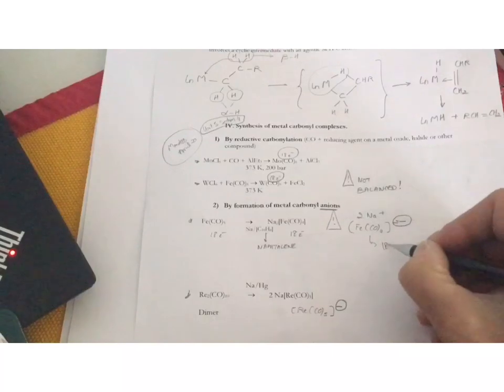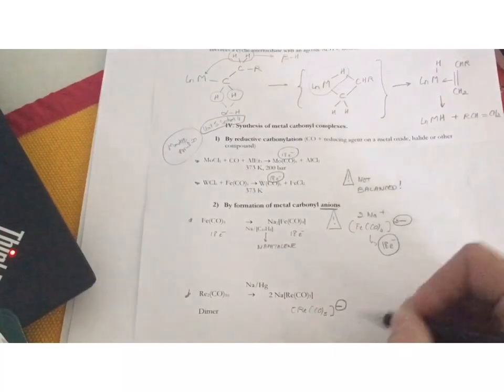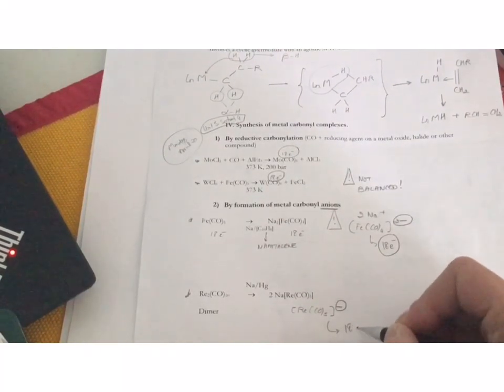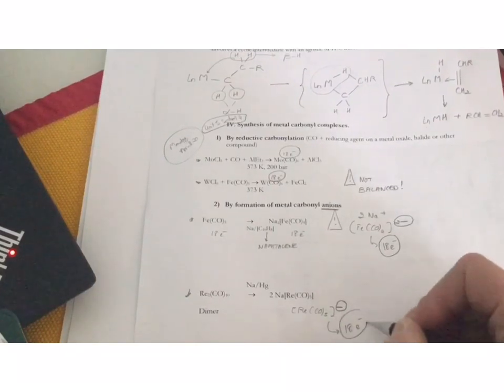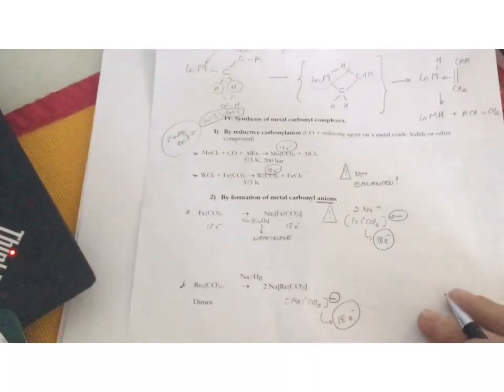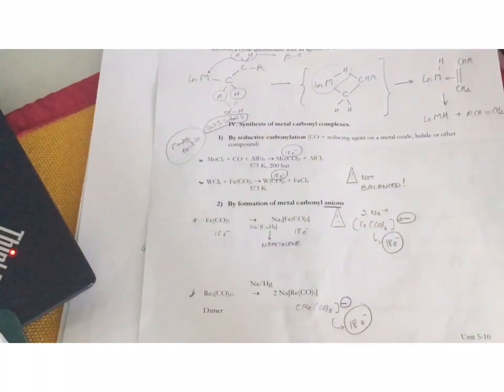So this anion here has 18 electrons. This anion here also has 18 electrons. So when we are looking at complexes that have the same number of electrons, we say that they are isoelectronic.